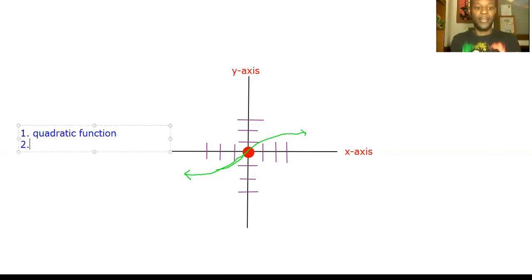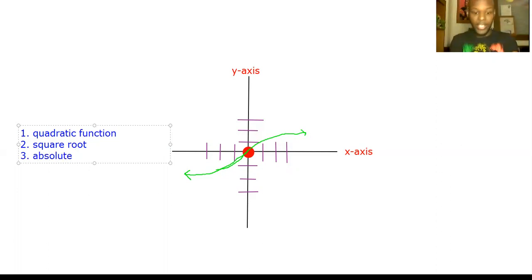Then we have the square root function. Is that number 2? Well, it doesn't matter. It's not like it's a certain rule, but I'm following a certain order here. Then we have the absolute value function.